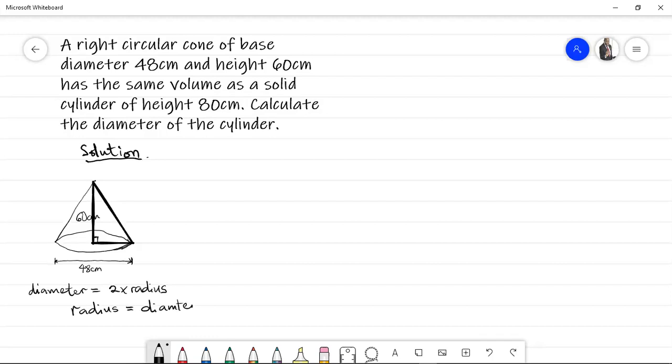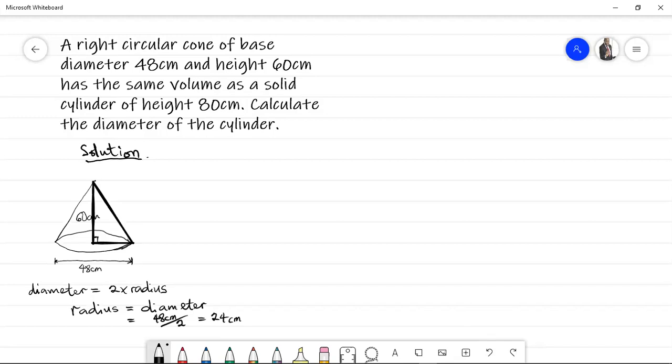In this example, the radius is equal to 48 centimeters divided by 2, which will simply give me 24 centimeters. So the radius of the circular base of the cone is 24 centimeters.